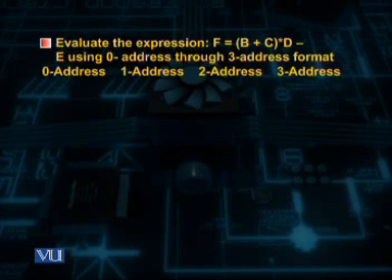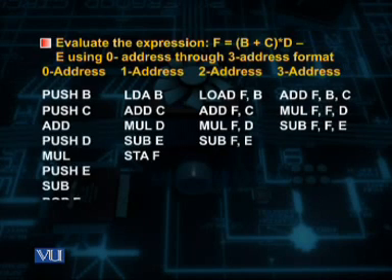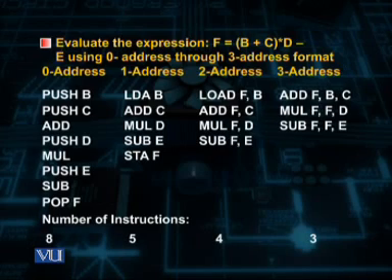For this purpose, we will first of all place the data onto the stack. This can be done by using the push instruction, and push b and push c place the values of operand b and operand c onto the top of the stack.